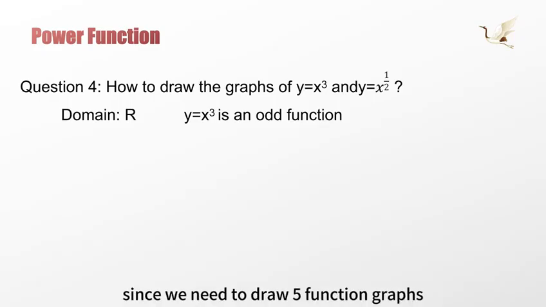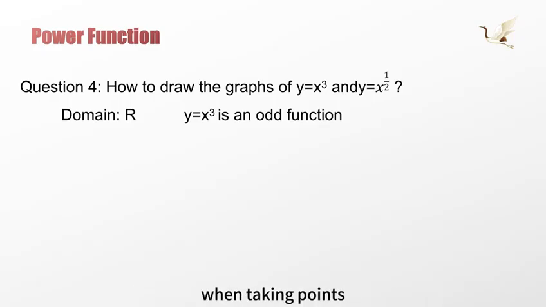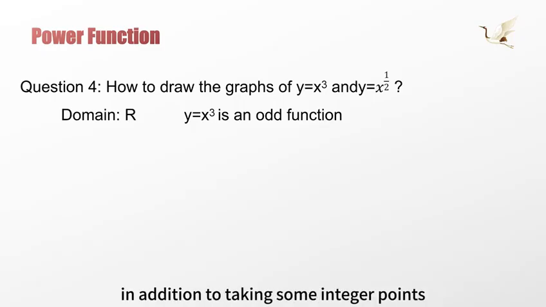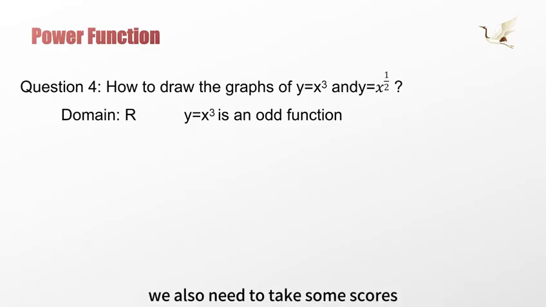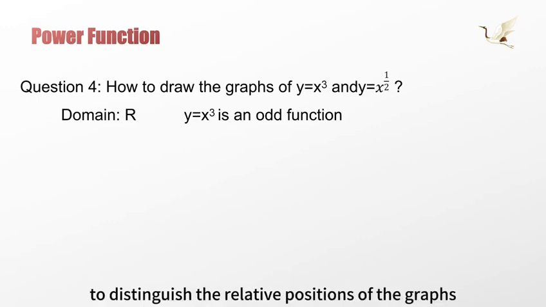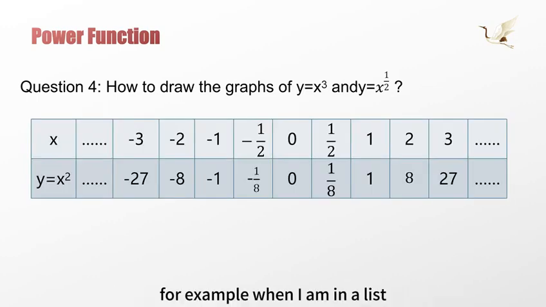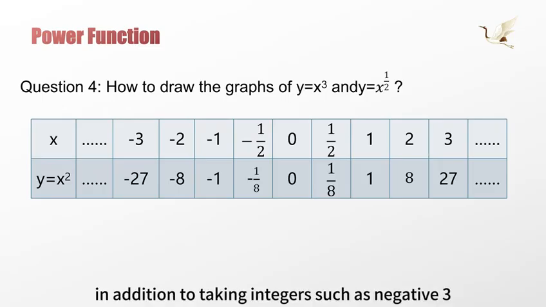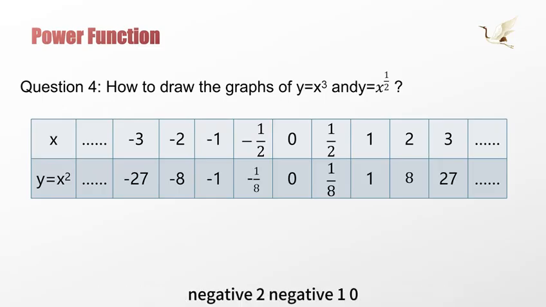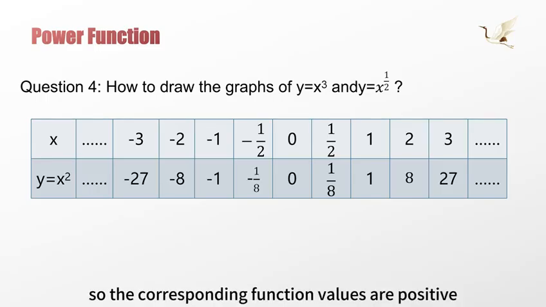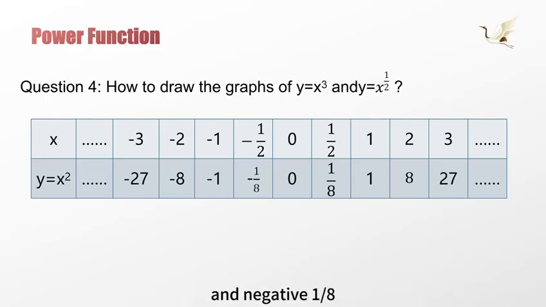But please note that since we need to draw 5 function graphs in one coordinate system, when taking points, in addition to taking some integer points, we also need to take some fractions between -1 and 1 to distinguish the relative positions of the graphs. For example, in the table, in addition to taking integers such as -3, -2, -1, 0, 1, 2, and 3 as independent variables, I also take positive and negative 1/2, so the corresponding function values are 1/8 and -1/8.